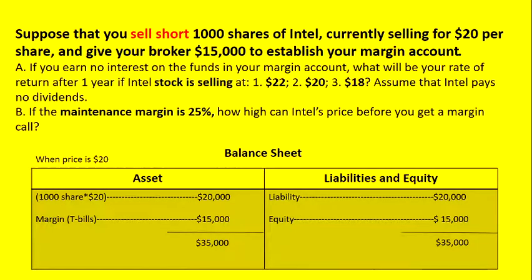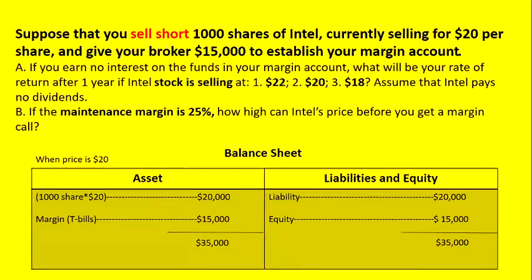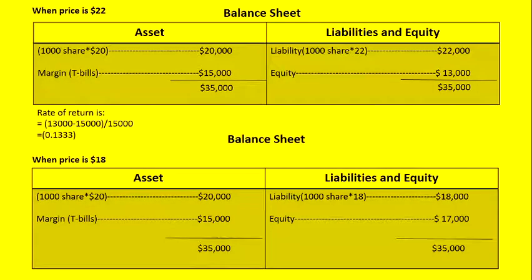In the second example, let's see when the price is going up. On the previous slide we saw the price is $20, and in this table we see the price is $20. Initially your broker will pay $20,000 for you to buy Intel shares, and you have to pay the margin amount, that means the security amount, $15,000.